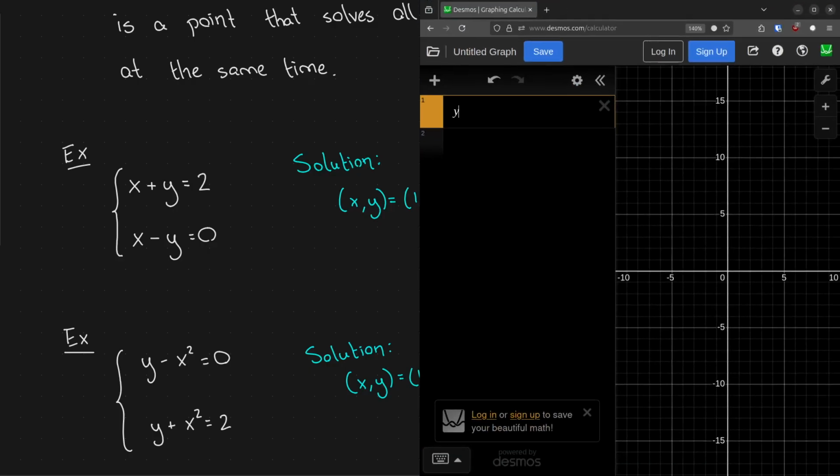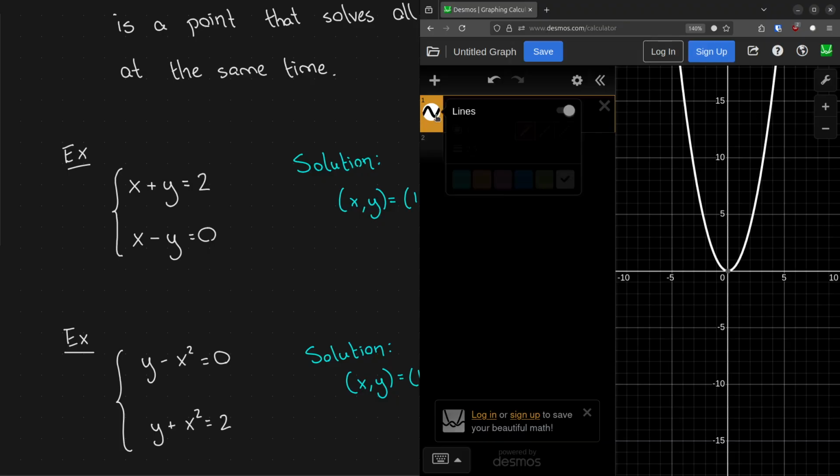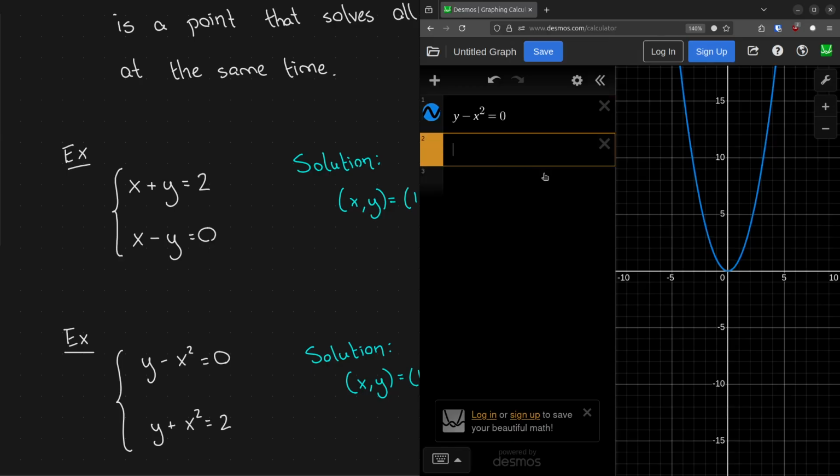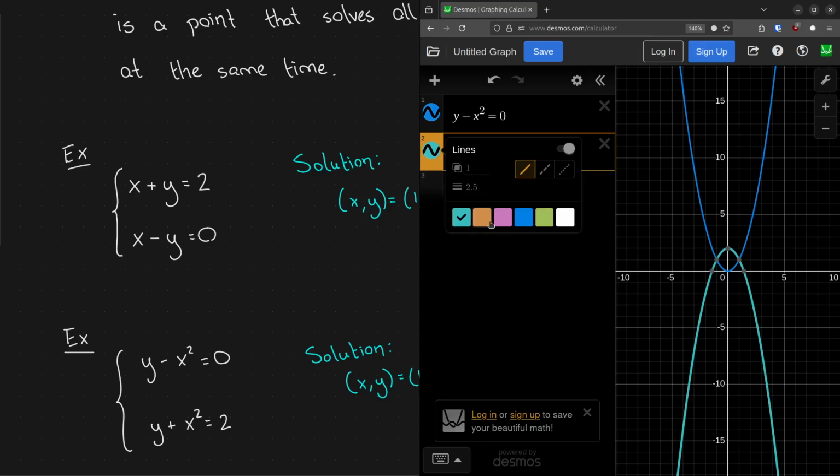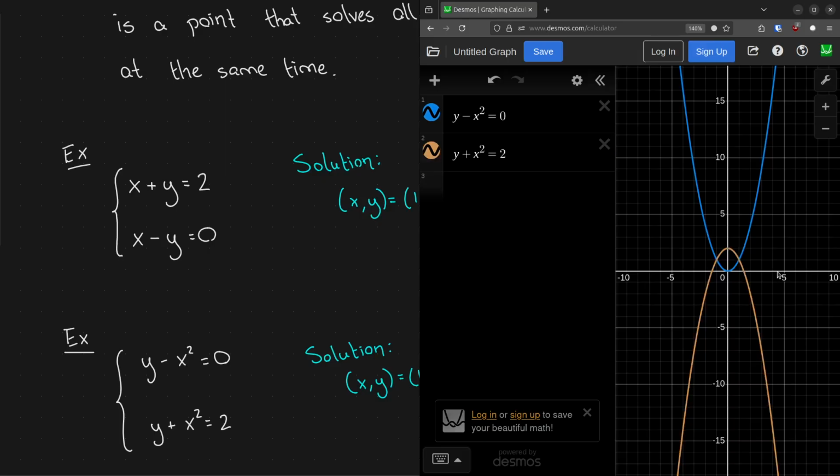So we have two graphs. y minus x squared equals 0 gives us your standard parabola. And then we have y plus x squared equals 2, which is a parabola that opens downward and is shifted up 2 units.